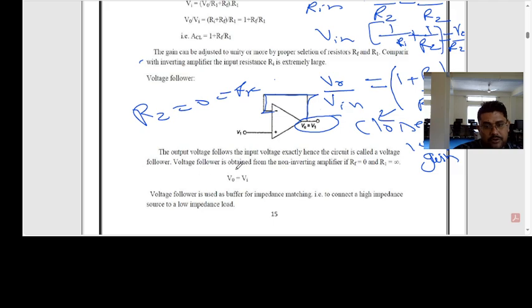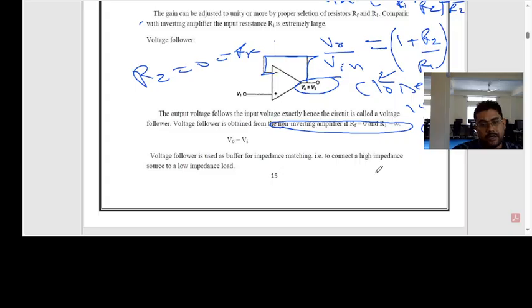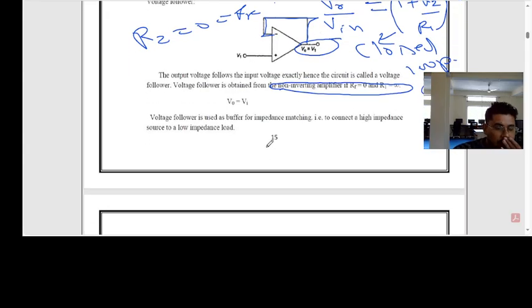The input voltage is exactly transferred into the output voltage. The voltage follower is obtained from the non-inverting amplifier by making the feedback resistance 0 and the input resistance infinite. Then our non-inverting amplifier behaves like a voltage follower circuit, or sometimes it is also called a buffer circuit, where whatever input we apply appears exactly at the output terminals.